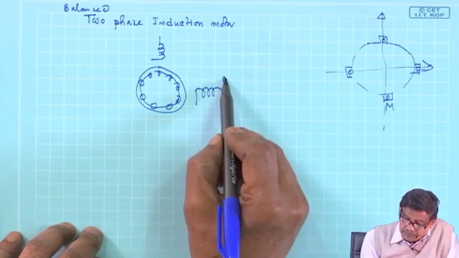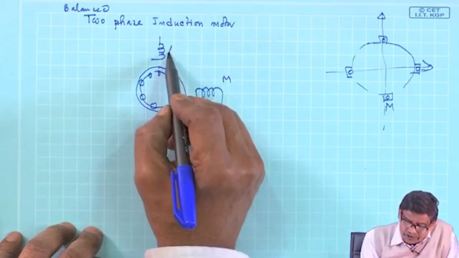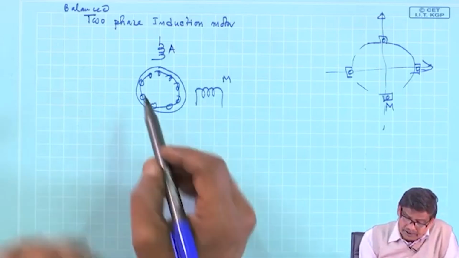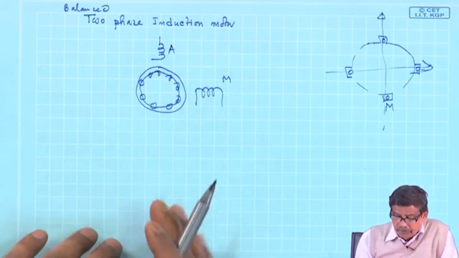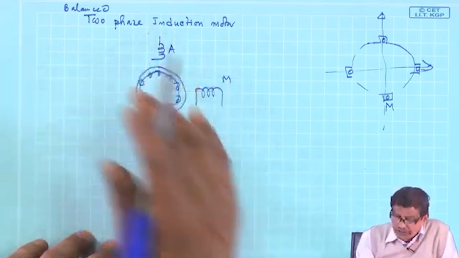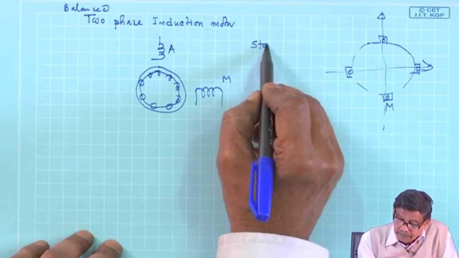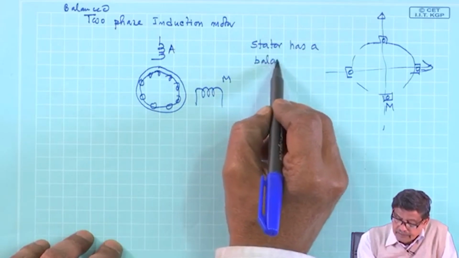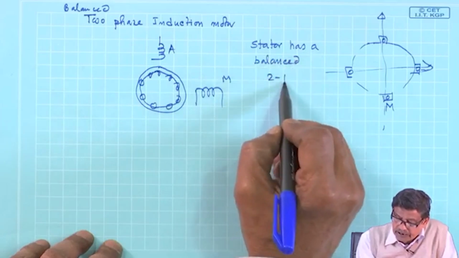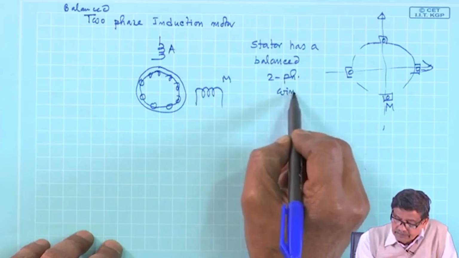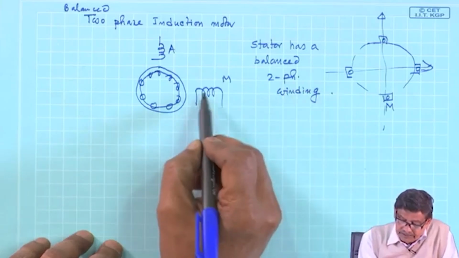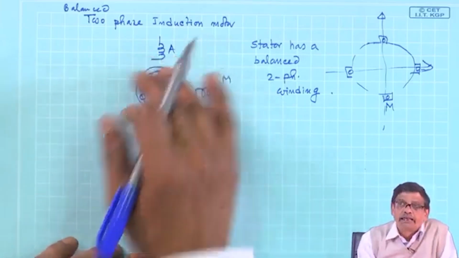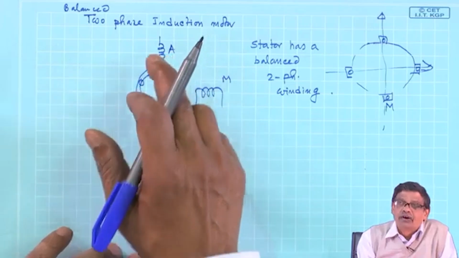So, this coil let me call M coil, and this coil let me call coil A. It is a balanced two phase winding. So, the stator has a balanced two phase winding, and arbitrarily I have called them coil M and coil A. Later we will call this the auxiliary coil.